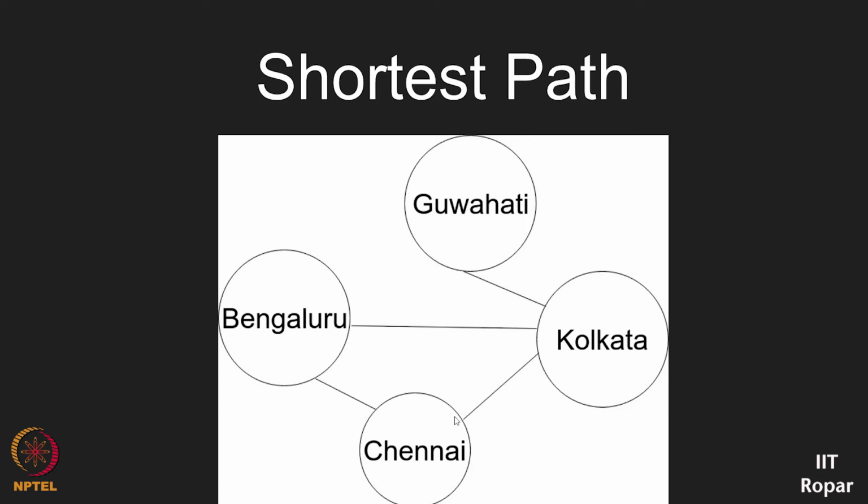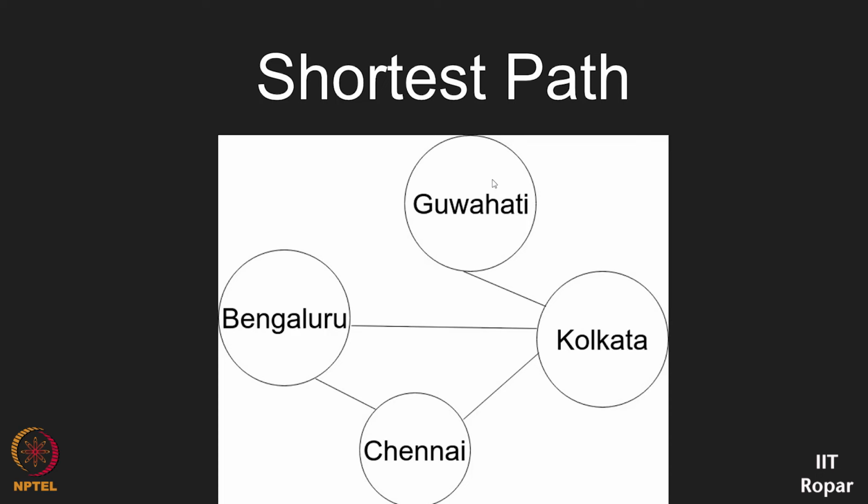So the distances would be here as weights, and we would like to find the path where the total of the individual weights is minimal. That is, if you sum up all the weights, Chennai to Bengaluru, Bengaluru to Kolkata, Kolkata to Guwahati, as well as Chennai to Kolkata, Kolkata to Guwahati, you will find the sum, and wherever the answer is minimal, you will take that path. That is what you call a shortest path in a weighted graph.